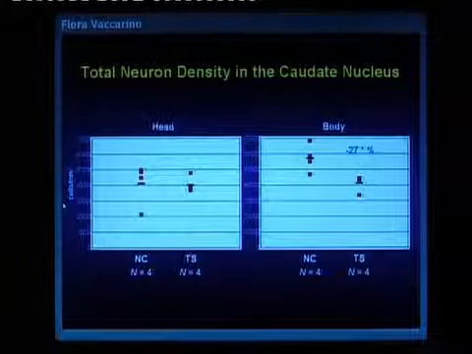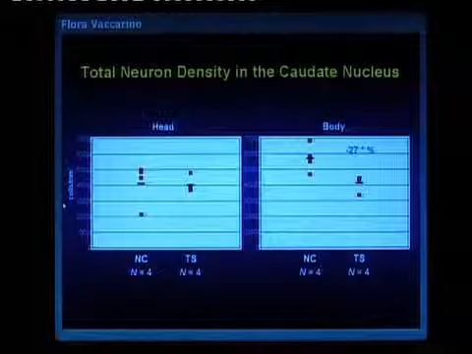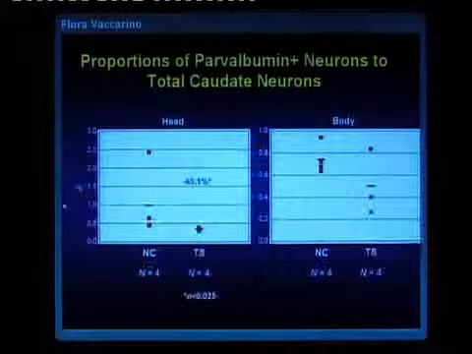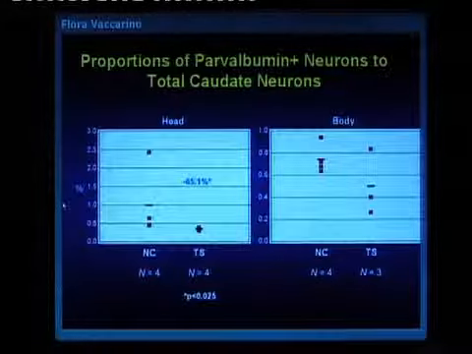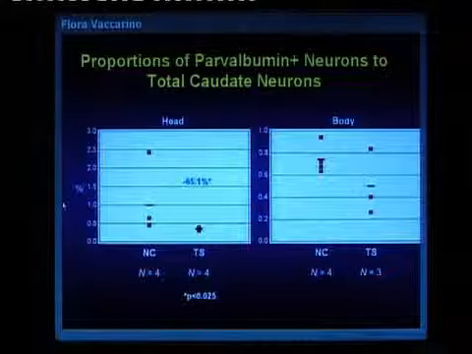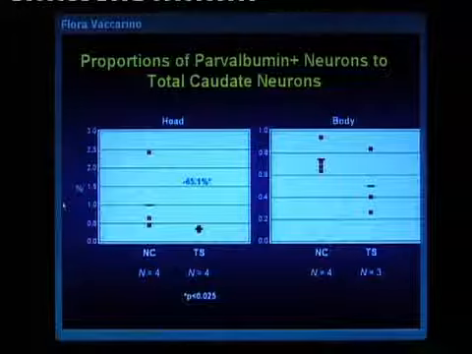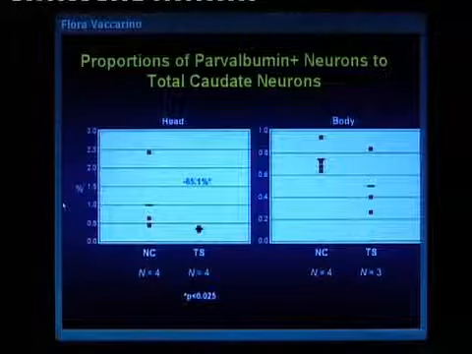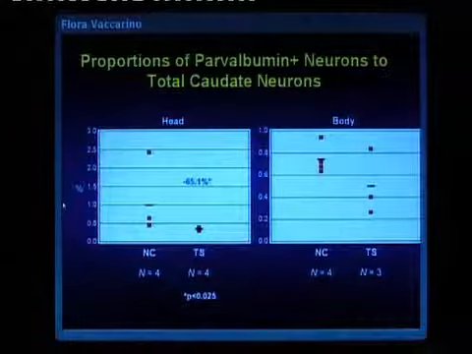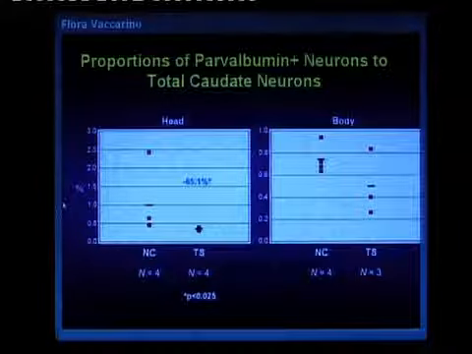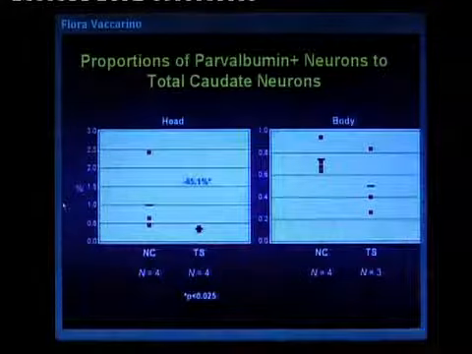So it suggests that the area where we found the most pronounced decrease was not affected in terms of total neuron number. And when we looked at the proportion of parvalbumin neurons in the caudate with respect to total neurons, so we calculated the percentage of cells, you see how few they are. They're only between 3 and 0.5% of the total cells. Well, we saw a strong decrease in Tourette's, in the head, but not in the body of the caudate.